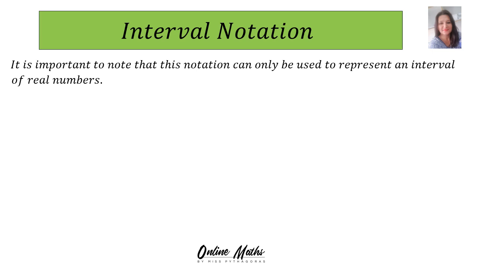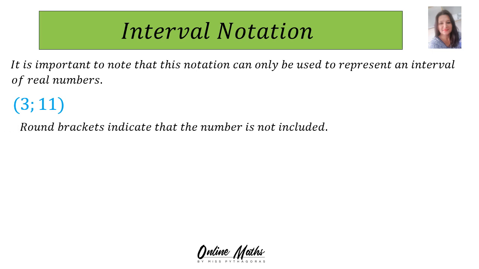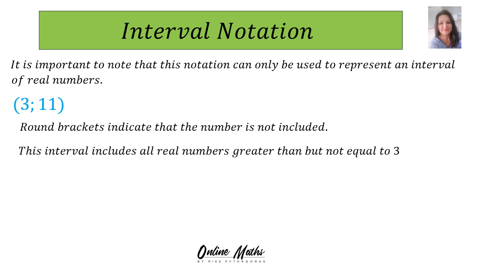Interval notation. It is important to note that this notation can only be used to represent an interval of real numbers. Now there's an example. It's a 3 and an 11 and there's round brackets. Round brackets indicate that the number is not included.